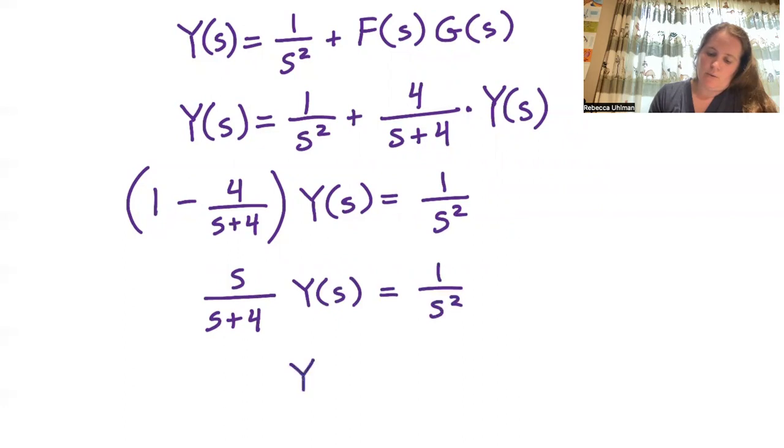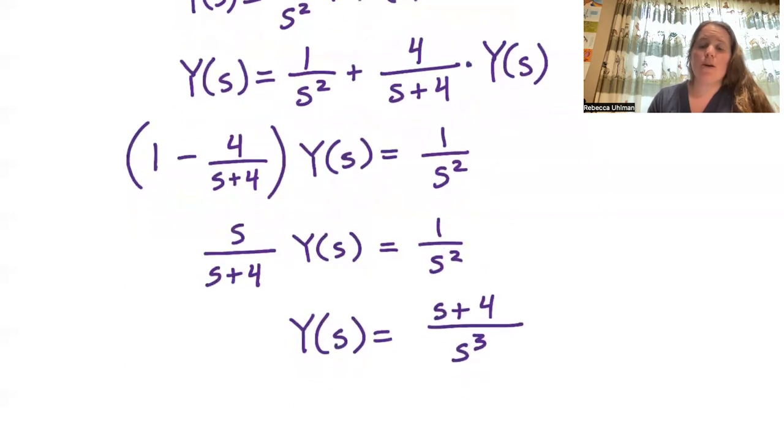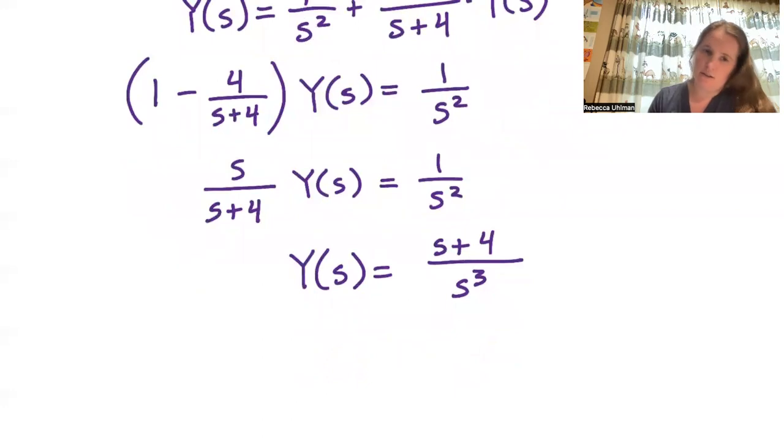So we get our capital Y of s is (s plus 4) over s cubed, multiplying by (s plus 4) over s, or capital Y of s is 1 over s squared plus 4 over s cubed.